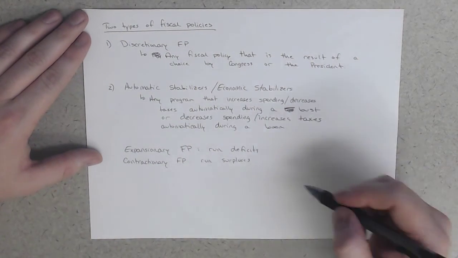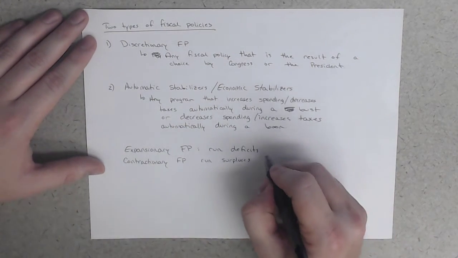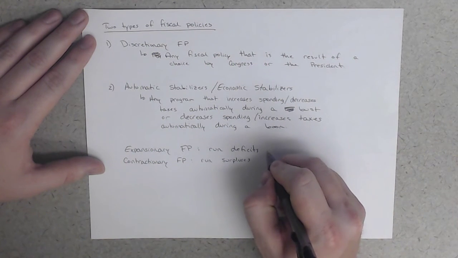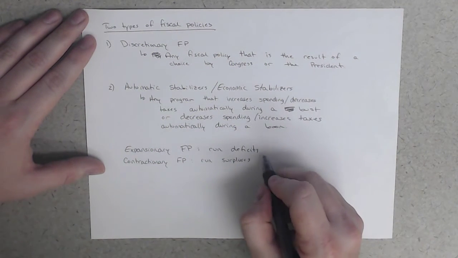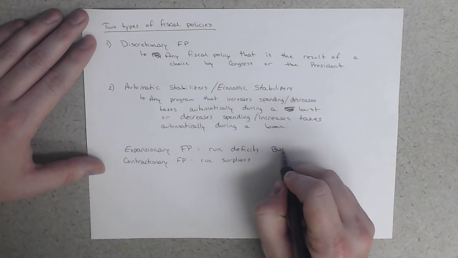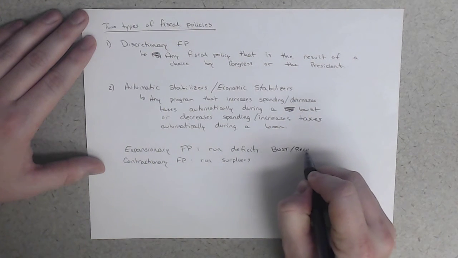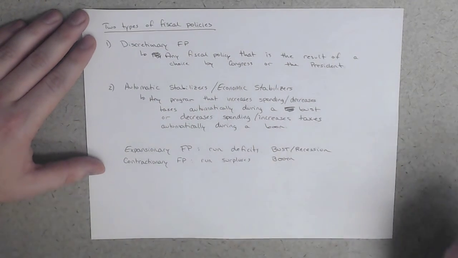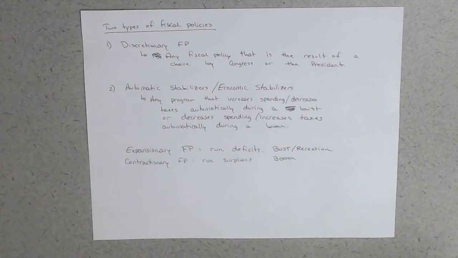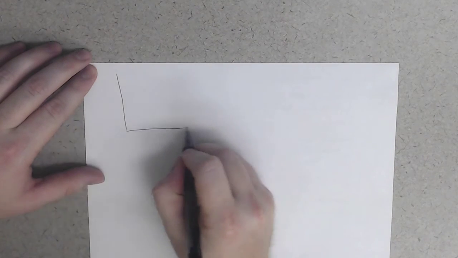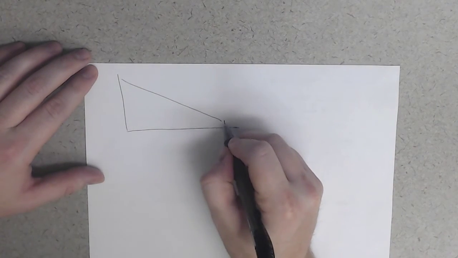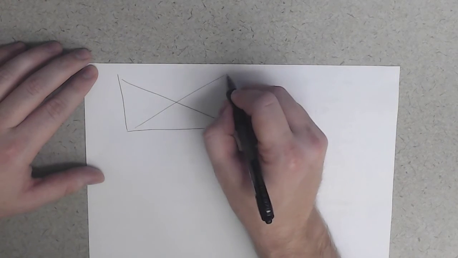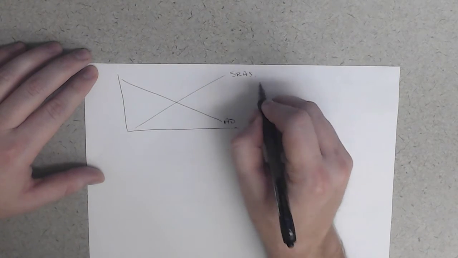So if we are in a bust, we want to run deficits, and if we're in a boom, we want to run a surplus. The way these work is much more direct than monetary policy.